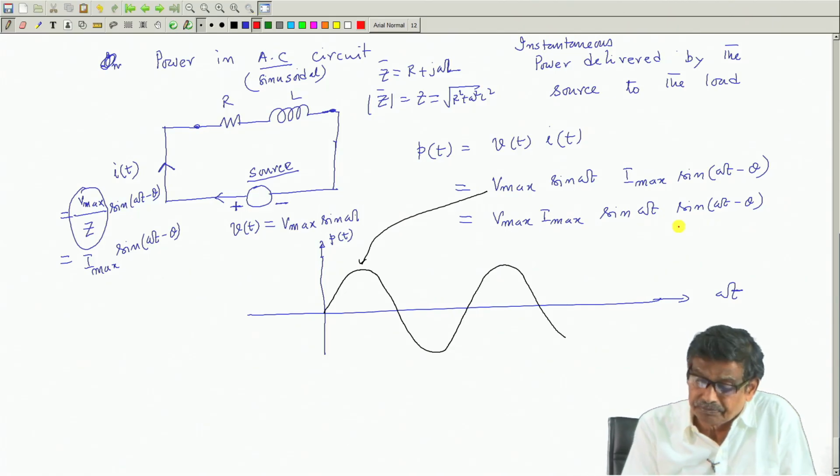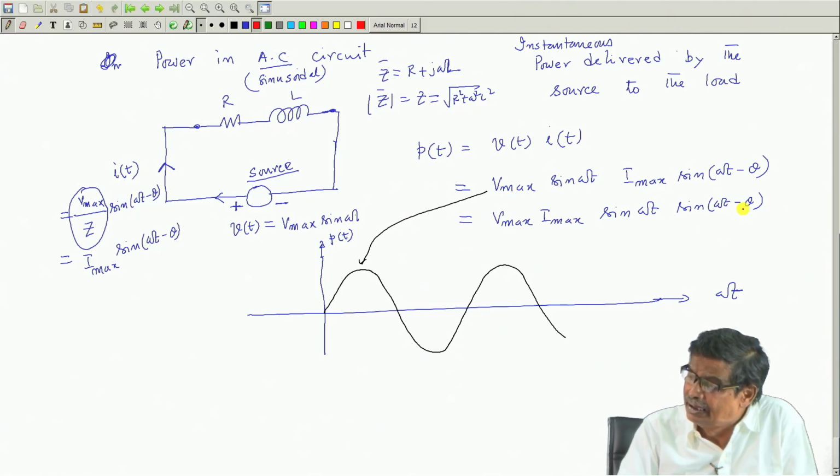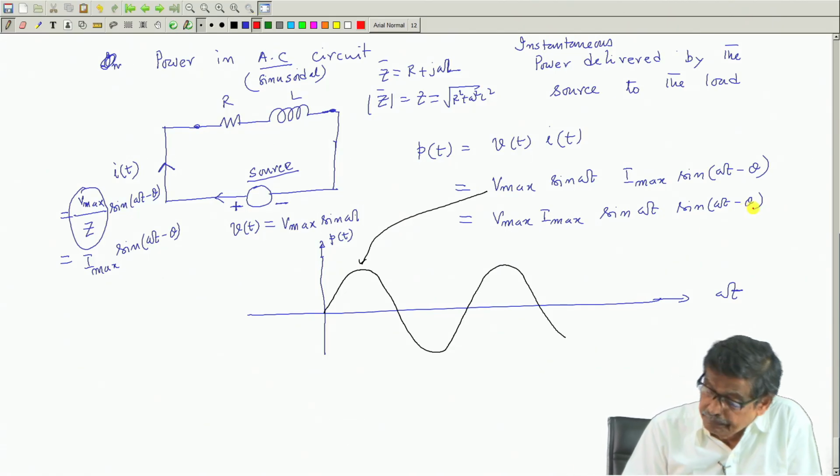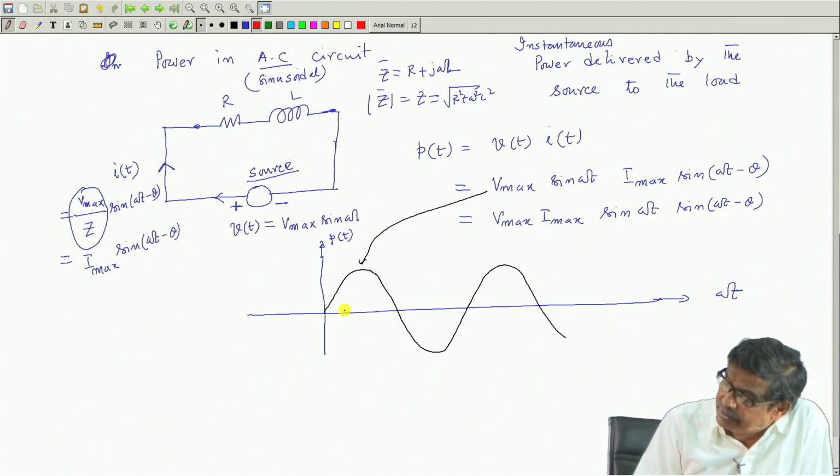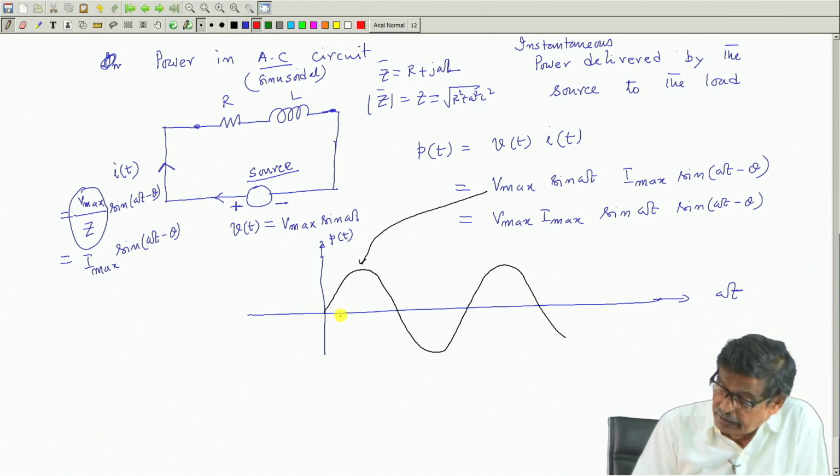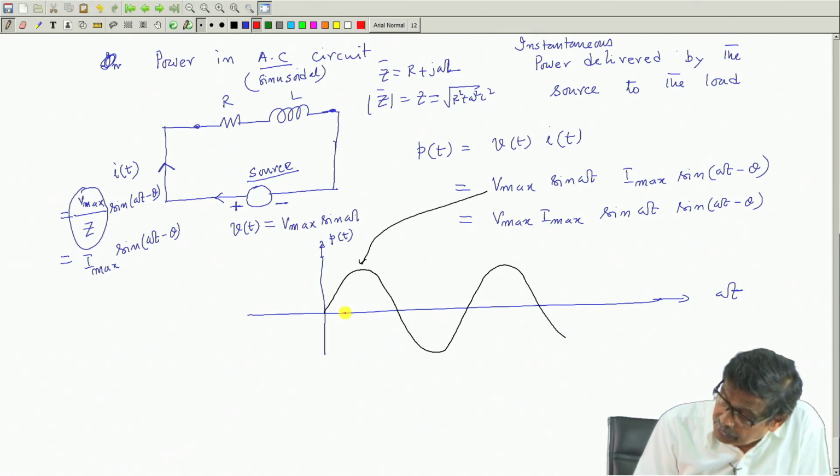In an RL circuit, current will lag by some angle theta. The value of theta may be 0 to 90 degrees only. So, current will be lagging like this.